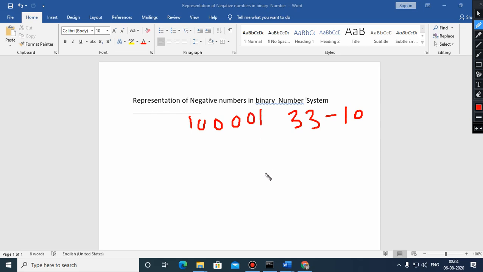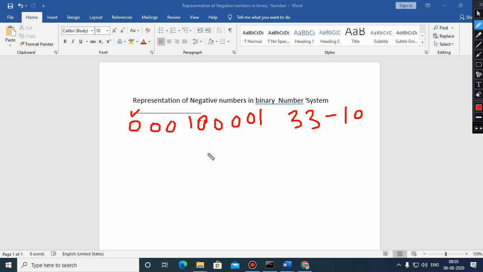This is 33. 1 plus 32, which is 33, and there are 6 bits. So here you need to add 2 more binary bits in order to represent a positive integer, and one more sign bit is here. So representing this 33, the sign bit is 0, so it means it is a positive integer.